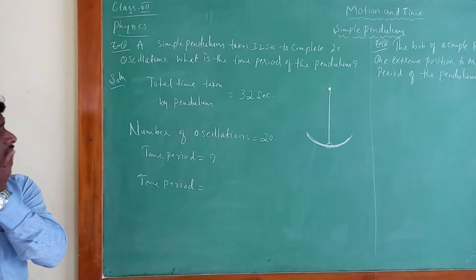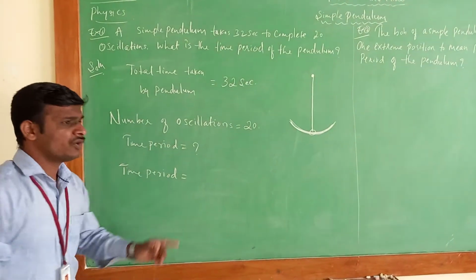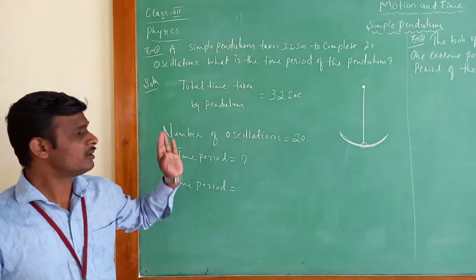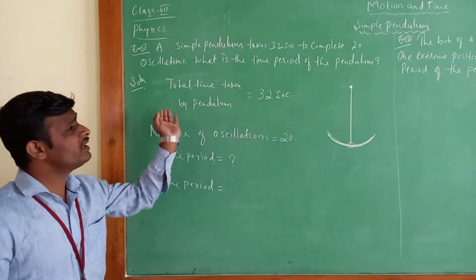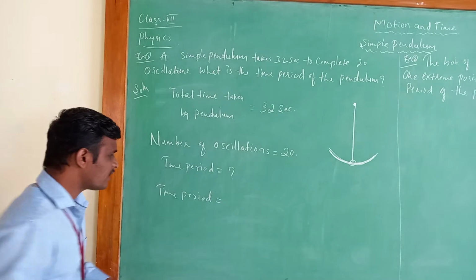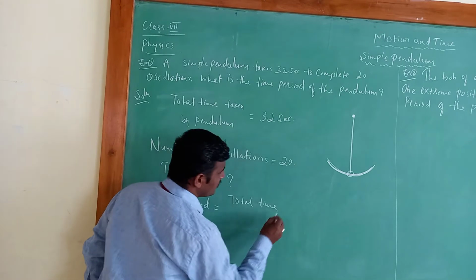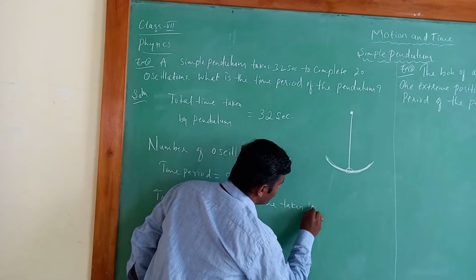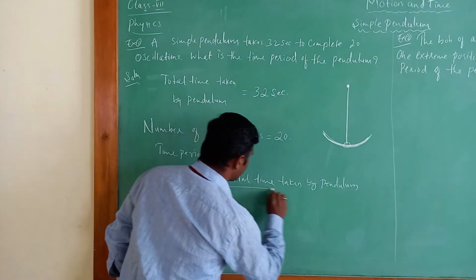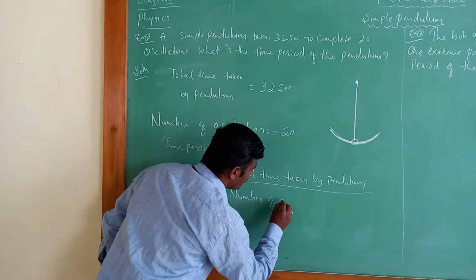The total time taken by the pendulum divided by the number of oscillations. The definition of time period is the time taken to complete one oscillation. But here they have given 20 oscillations. That's why the formula here is the total time taken by the pendulum to the number of oscillations.